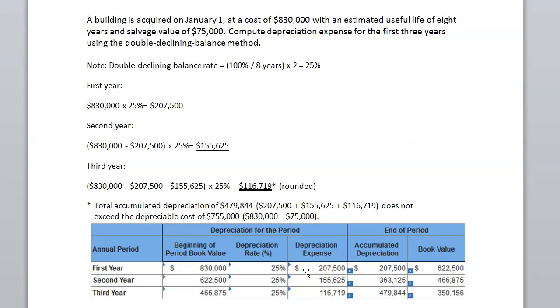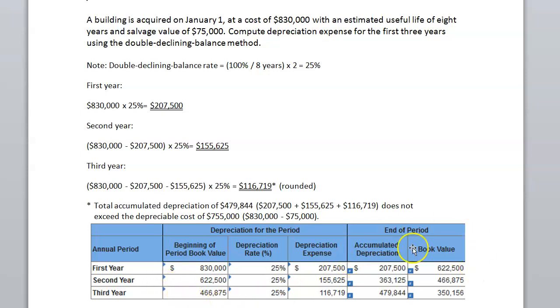At the end of the year, we have accumulated depreciation of $207,500, and the book value, remember to calculate book value, is going to be the cost of the asset minus accumulated depreciation. So this is the book value at the end of the first year.